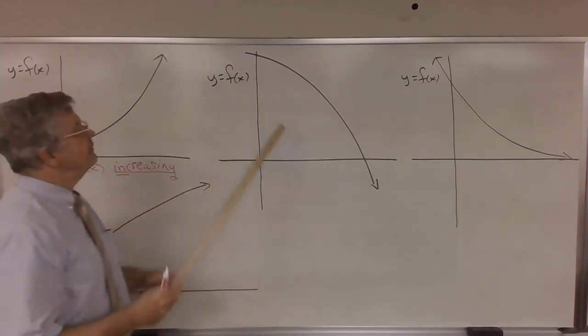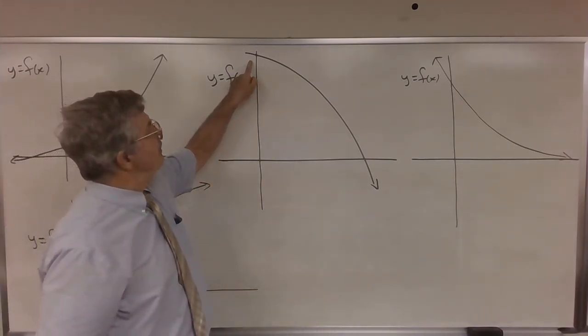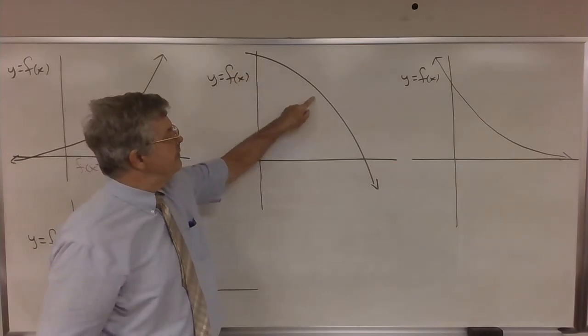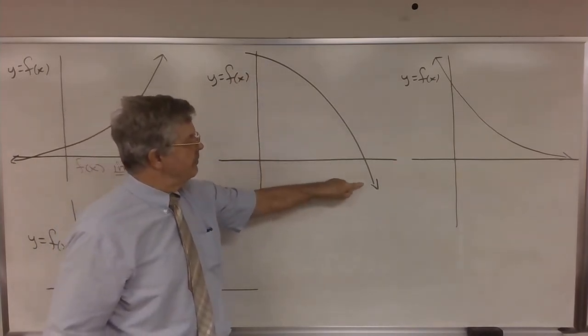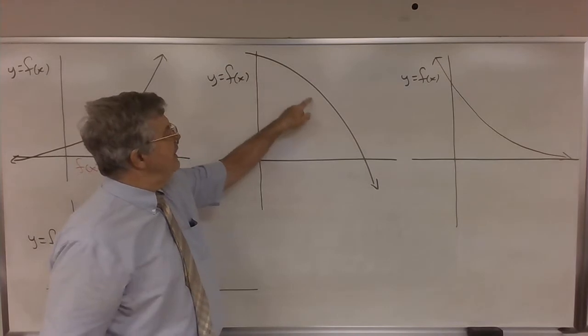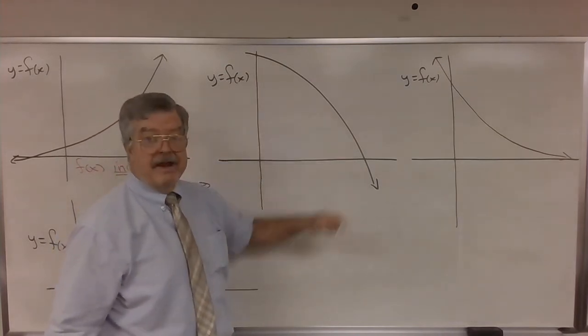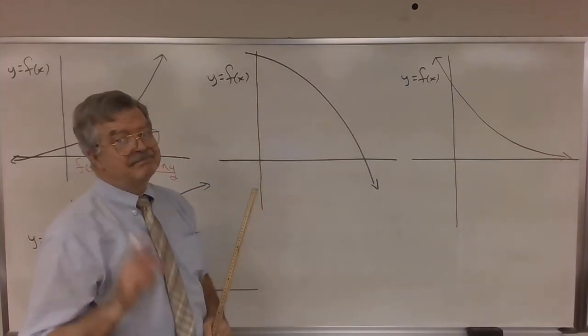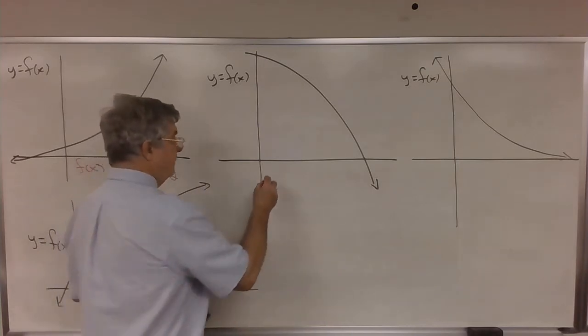Now this graph, suppose we move along the graph and we go from left to right. As we go from left to right, the graph is going downhill. That's decreasing.